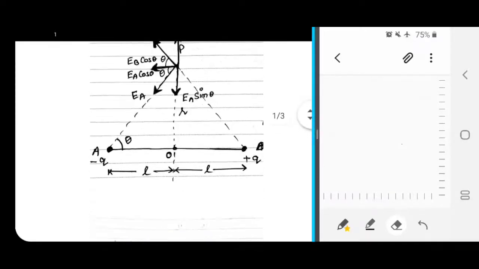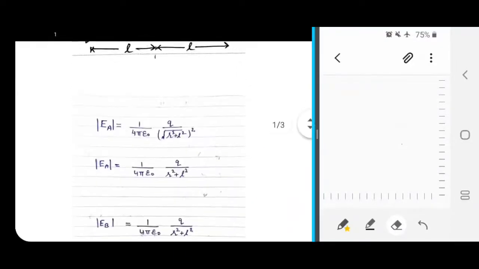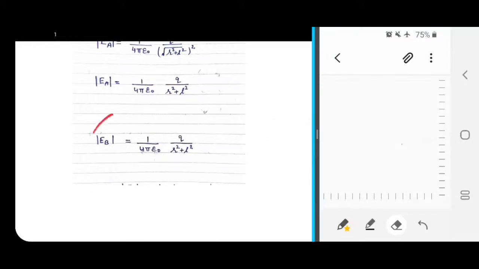Similarly, the charge plus q, which is located at the point B, is also in magnitude small q, the same as the charge located at A. So the electric field produced by this charge plus q at the point P will also be the same. So EB equals 1 upon 4 pi epsilon naught times q upon r square plus l square.